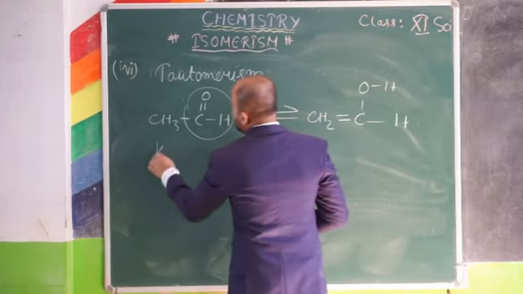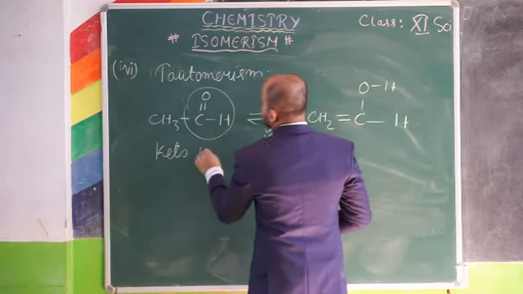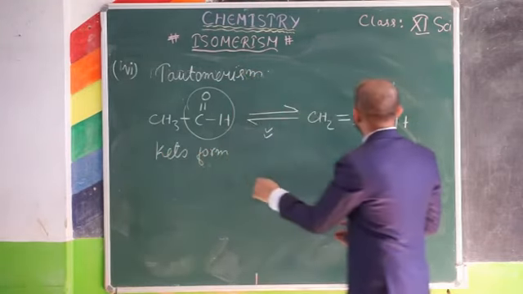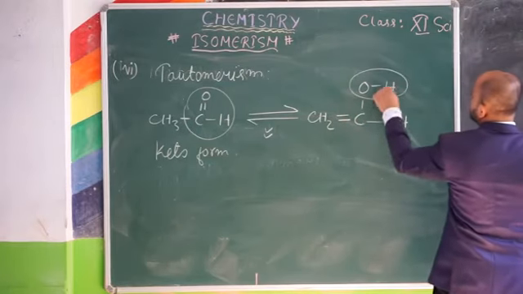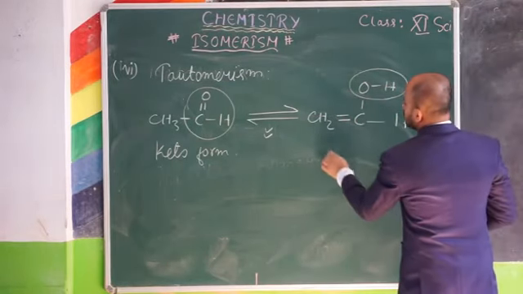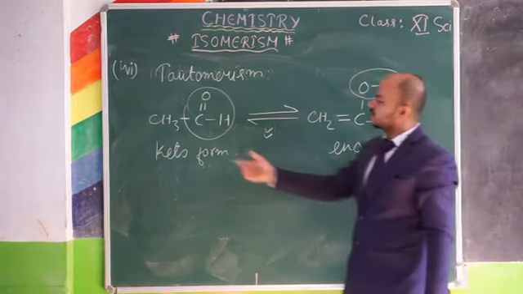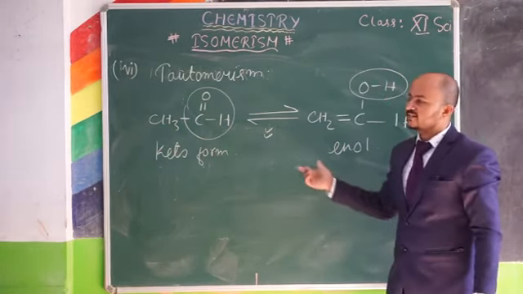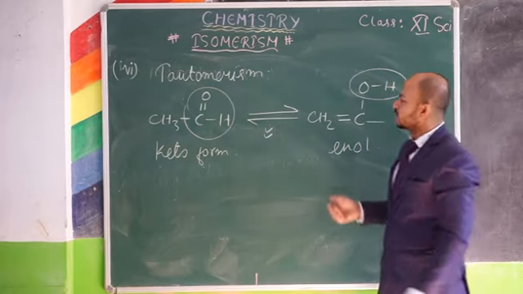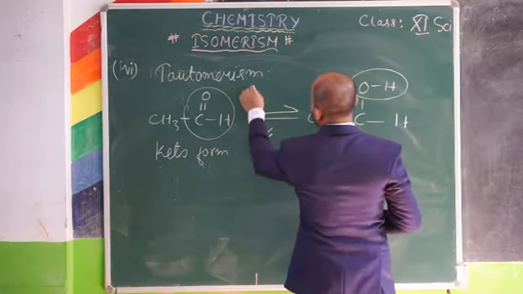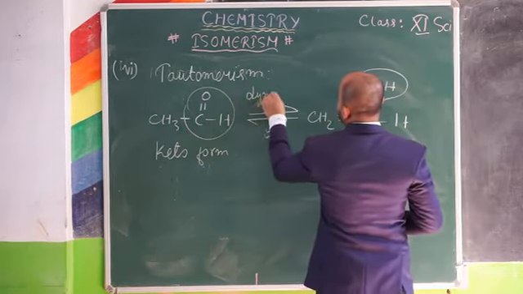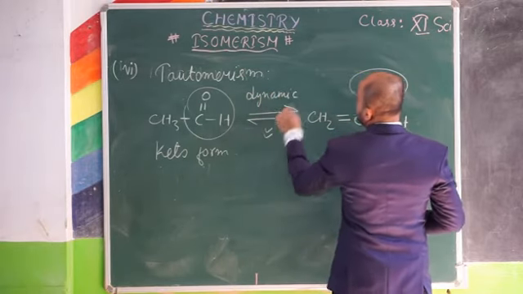So this is the keto form. And here you can see that this OH is present. OH is what? Alcohol. And this is known as enol. So these two are known as keto-enol tautomerism, and don't forget these two are in dynamic equilibrium.